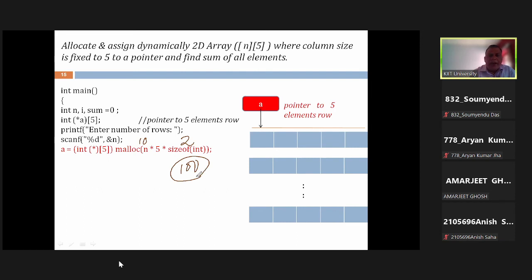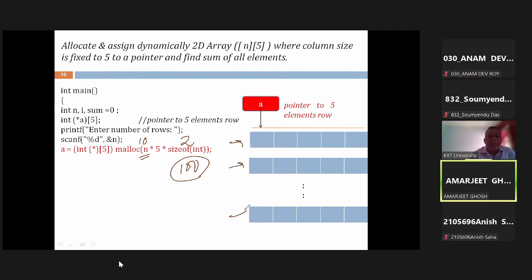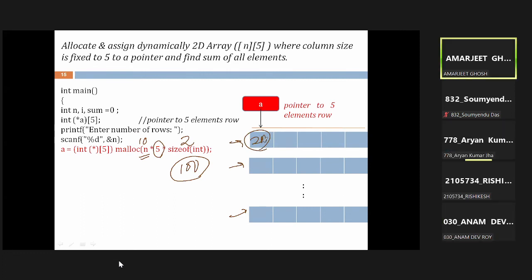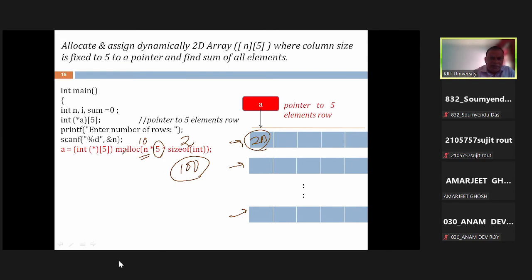Out of this 100 bytes, how many rows? 10 rows. Each row has how many integers? 5. And each integer takes how many bytes? 2. So now 100 bytes are allocated. This is basically the void address, but converted to address of 5 integers.